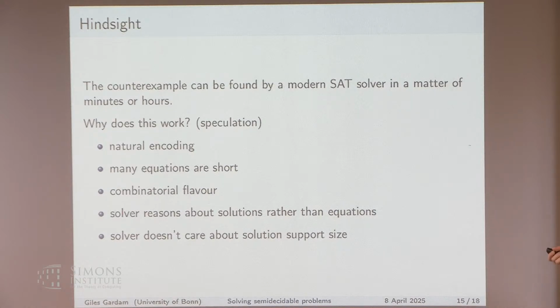By combinatorial, and I'll come to that in a little bit, I mean it's to do with the structure of which variables occur in which equations. There's a combinatorial problem related to this problem, which itself is quite difficult to solve, and solving that problem is quite close to solving this thing. So this is a system of equations which has more of a combinatorial flavor than a purely algebraic flavor.